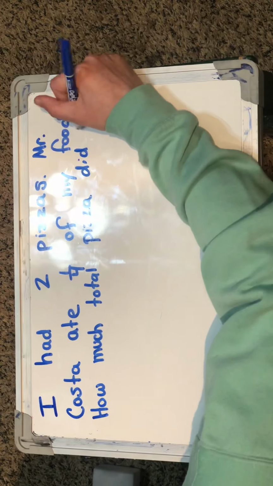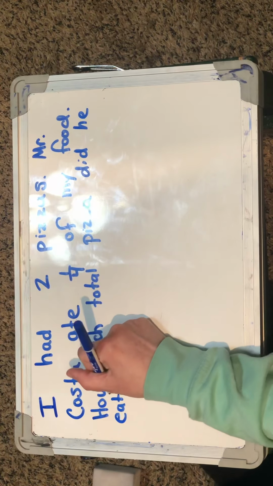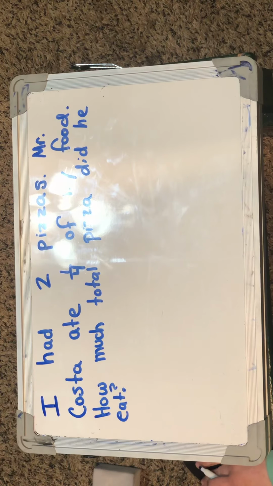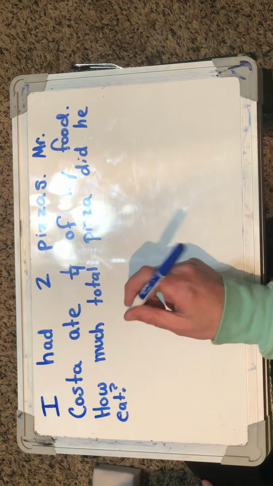did he eat? So I always say when we're solving a word problem, we want to make a picture of it in our mind. And you can even draw a picture of it. Okay, so, but first I'm picturing me and I've got 2 big cheese pizzas in front of me and I put them in the fridge, and then I'm picturing Mr. Costa going in the fridge and taking part of that, okay?